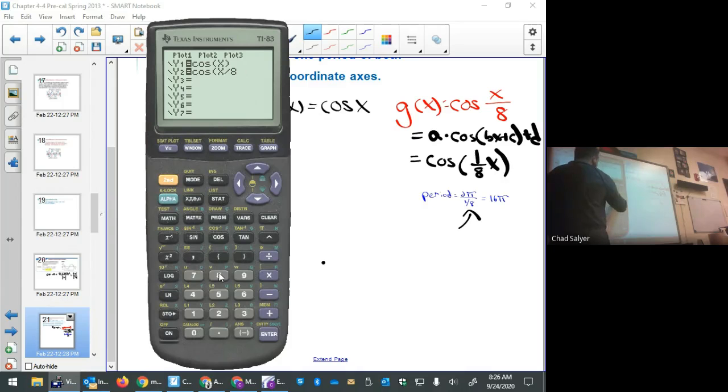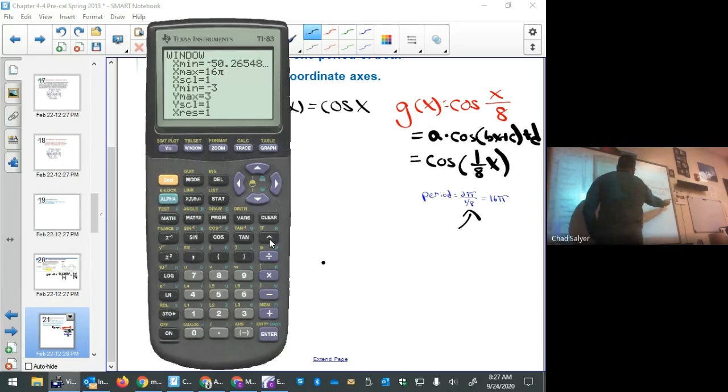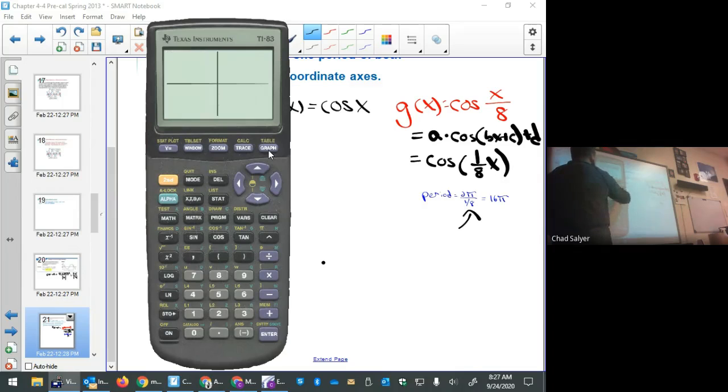And this time, if we want 2 periods of this function, we need to go from negative 16 pi to 16 pi, because that's its period. And then that's okay for the y.